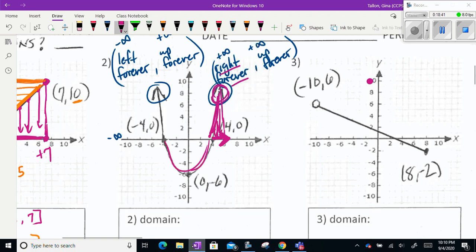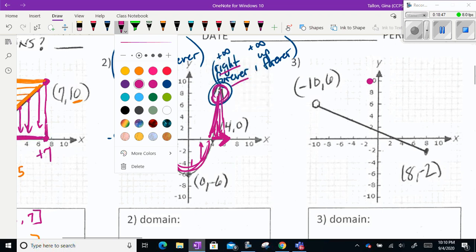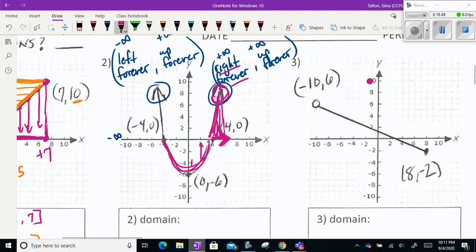The bottom section of the graph, those points go up. These points go up, so I can read my x coordinates, and that would be all these x coordinates here. And then these points will drop down just like this, and this arrow will drop down as well, and this will be an arrow pointing left forever.